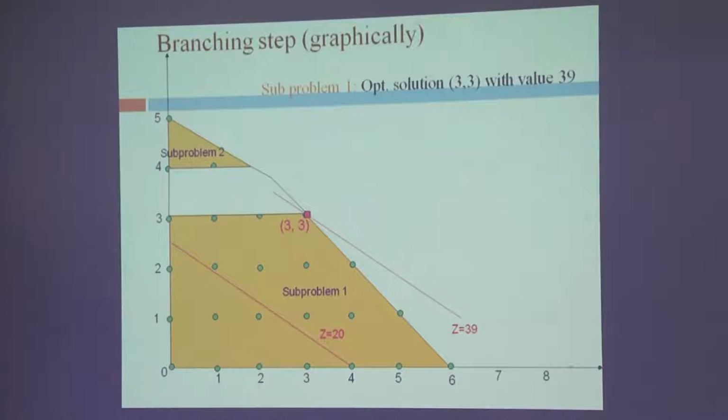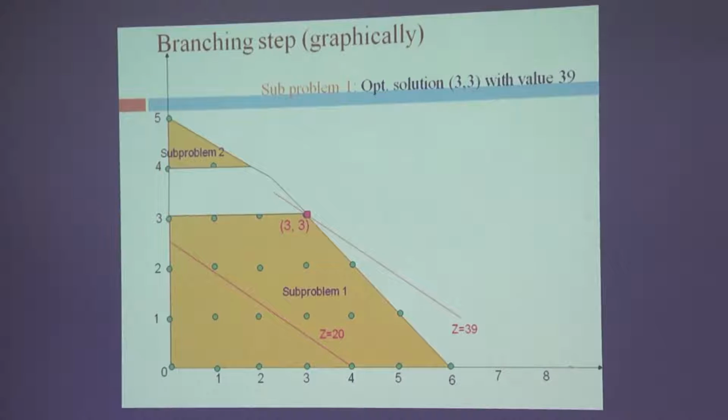So sub problem 1, which results in an integral solution, leave it as such. Don't touch it. I already have an integer solution, 3 and 3, with the optimal value as 39. We call this an incumbent.